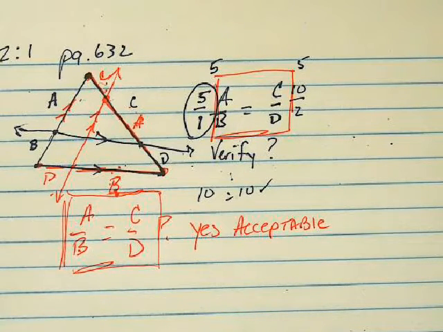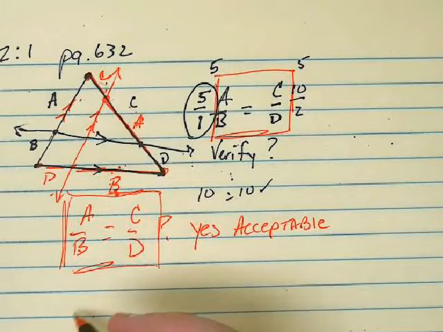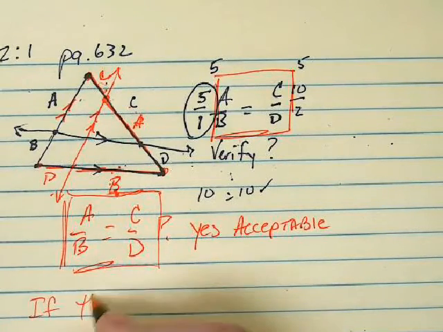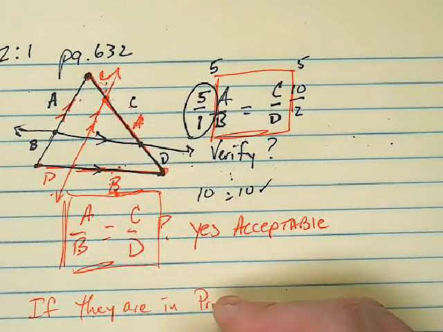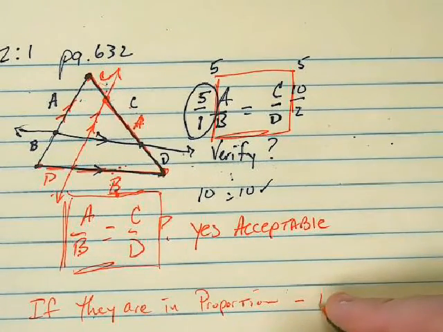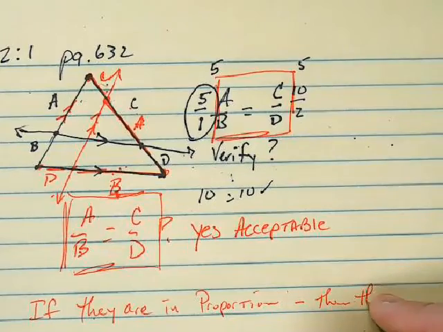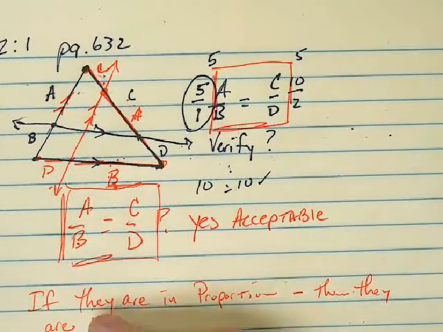Okay. Look at the next page, which would be 634. It says the converse of the theorem basically just means that if they are in proportion, then they are parallel.